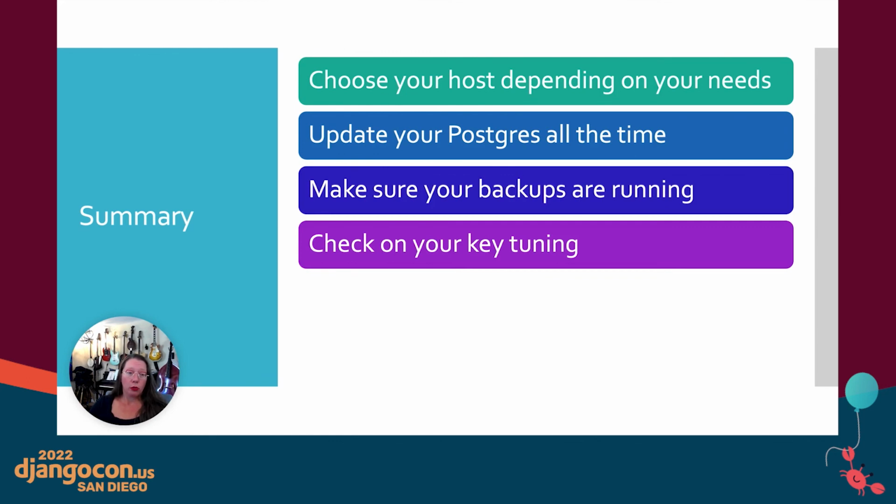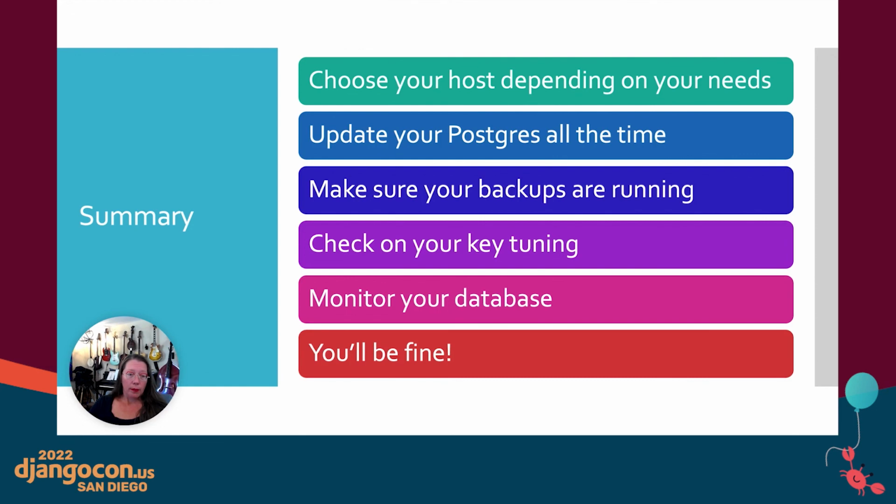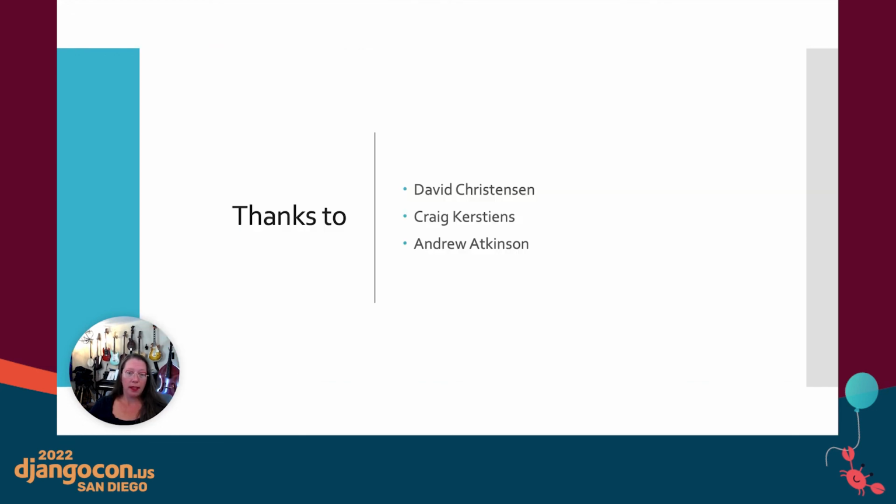Make sure that you know some of these key tuning parameters, especially with memory and connections. Those are really important. Find a monitoring tool that works for you, and you'll be totally fine. I know you can do it.